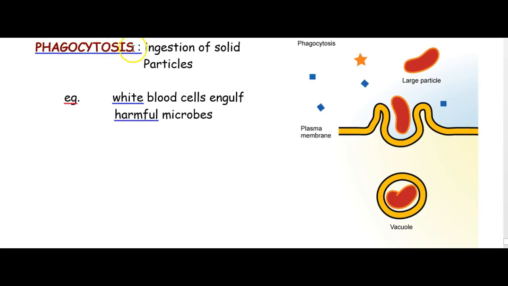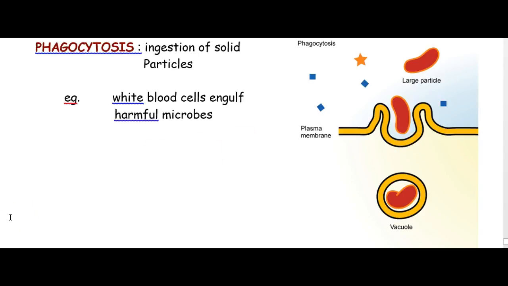So phagocytosis is still ingesting, just in this case they're large particles as opposed to dissolved solutes or ions. If that's not the case, then it's pinocytosis instead. So phagocytosis, just to be clear, involves the engulfing and ingesting of very large particles.